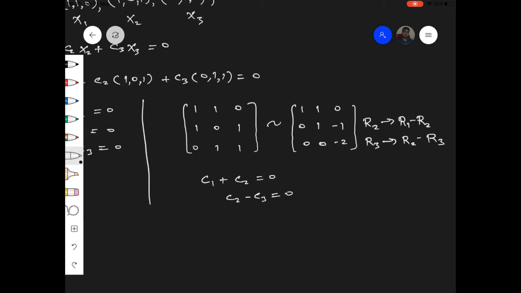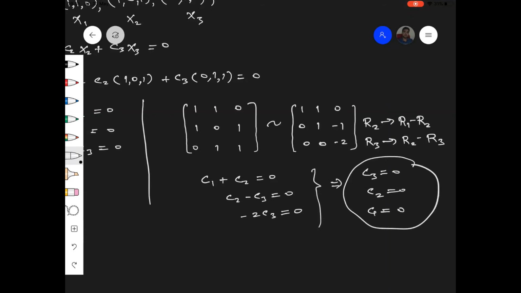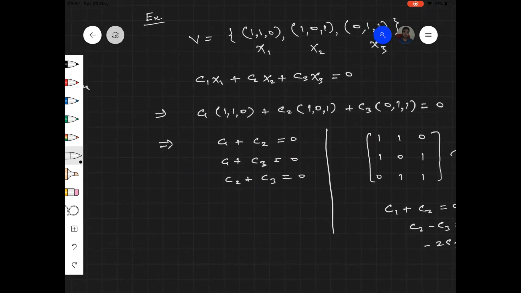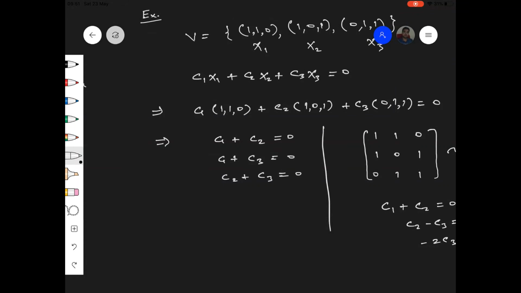So let's use back substitution: C3 is 0 clearly, C2 is 0 and C1 is 0. So this system has only the trivial solution. So the initially given set V, which has the elements 1 1 0, 1 0 1 and 0 1 1, is a linearly independent set.